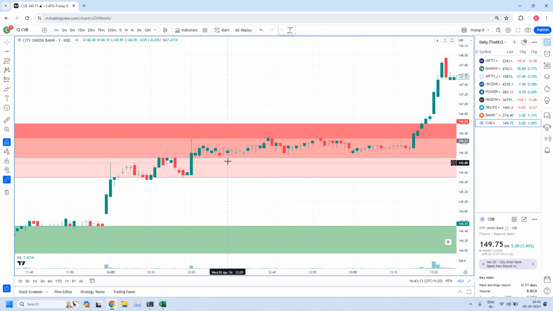After that again, bears will push the market and prices will go further down. Again bulls will come and try to stop, again some fight will take place, maybe for 10, 15 or 20 minutes, or even half an hour maximum. Then again bears will take control and finally it will reach our target.